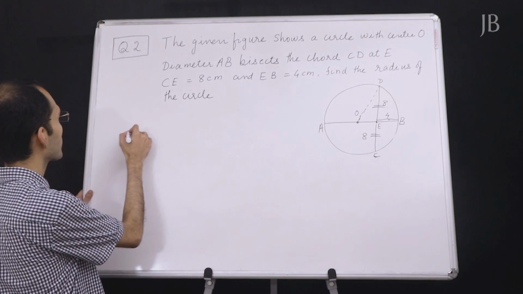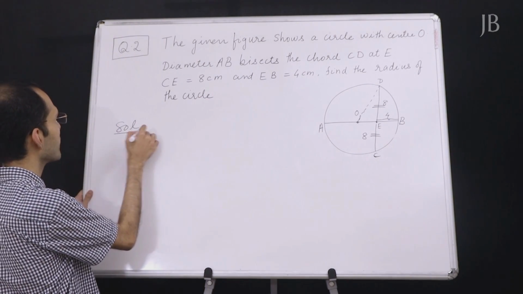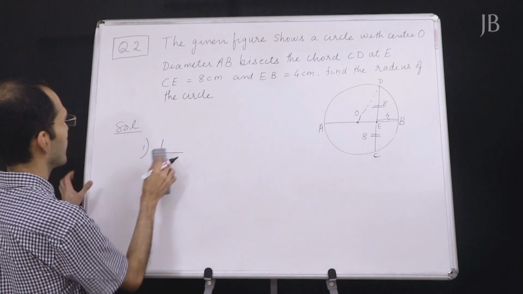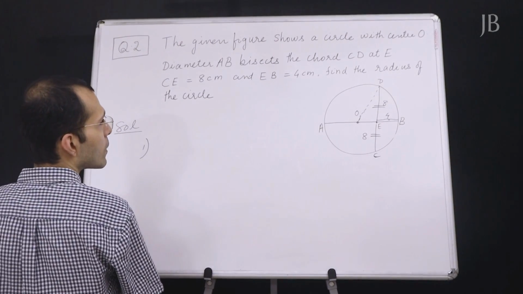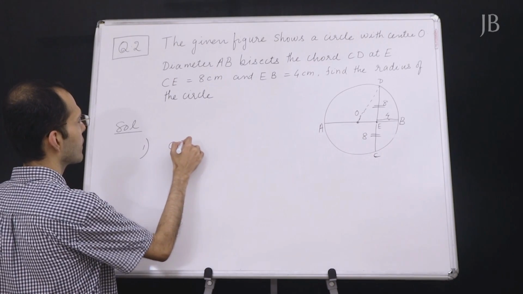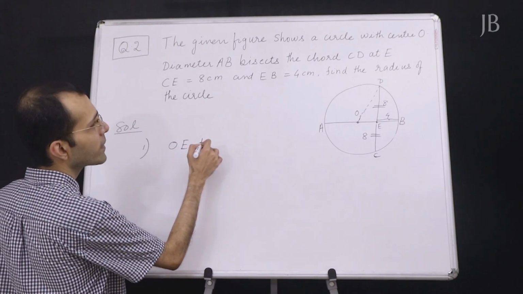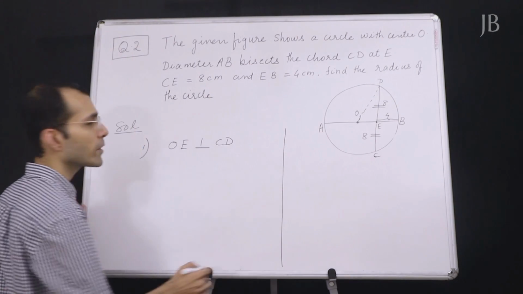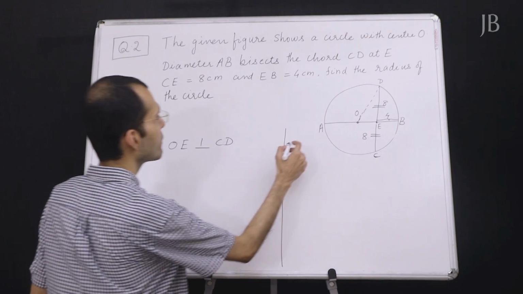So we will now have to work it out like this. We can say OE perpendicular to CD. What reason will we give?